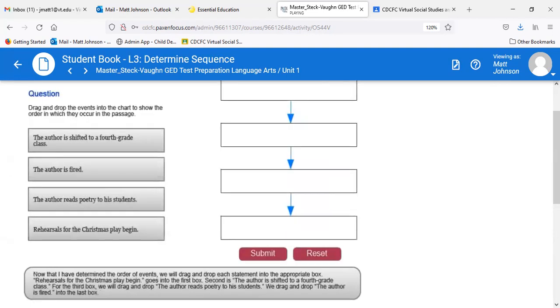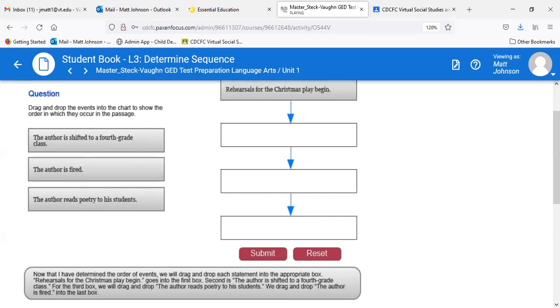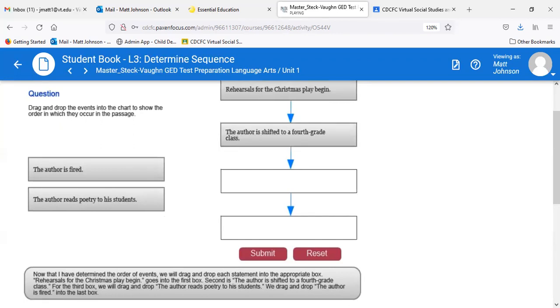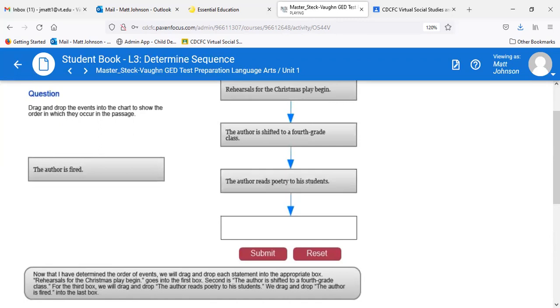Now that I have determined the order of events, we will drag and drop each statement into the appropriate box. Rehearsals for the Christmas play begin goes into the first box. Second is, the author is shifted to a 4th grade class. For the third box, we will drag and drop the author reads poetry to his students. We drag and drop the author is fired into the last box.